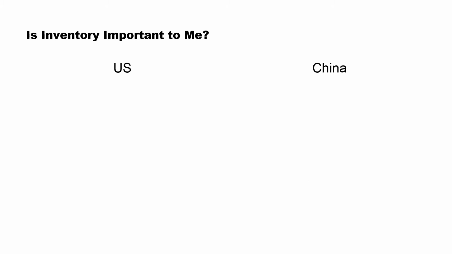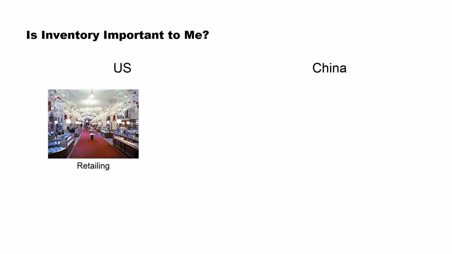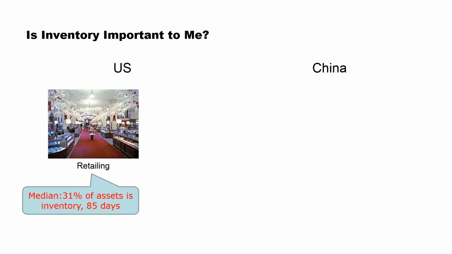Let us first look at the sub-question, is inventory important to me, by some interesting facts. Using 2018 data, we can see that in the US, inventory is most important in the retailing industry, where 31% of the total assets is in inventory for the median, or 85 days.